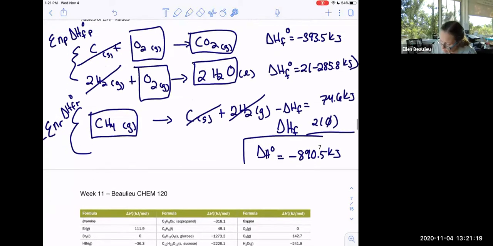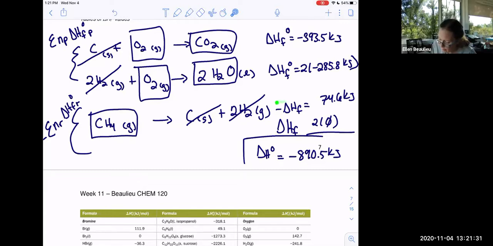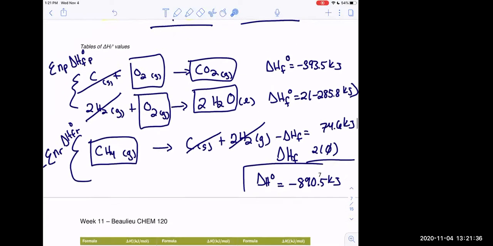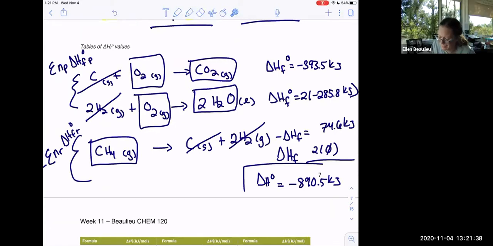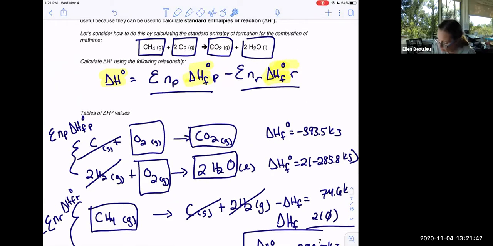So negative delta HF is positive 74.6. Yeah, and then I thought we had to subtract it per the formula. So this negative sign is that subtraction sign. You're doubling down on that process. I am. I'm saying I want to add all these numbers up, and to do so, I need to flip that sign.